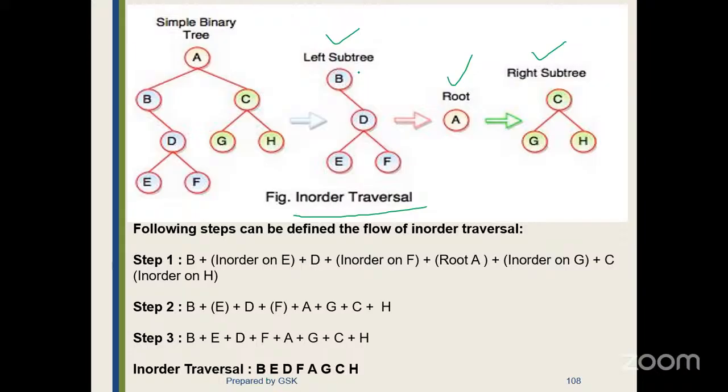So B is left, E is left, D is root. Left is completed, now right. The root node for E is D. So write the root node. Left root is completed. Then the right node. What is the right node? F. Then write F.